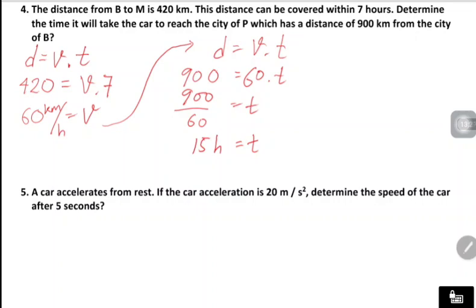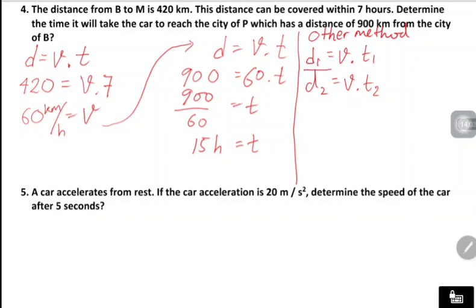This answer can also be found using another method by comparing both of the processes. Okay, the other method is comparison. Distance 1 equal to velocity times t1. Distance 2 equal to velocity times t2.